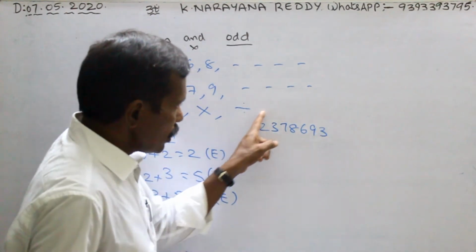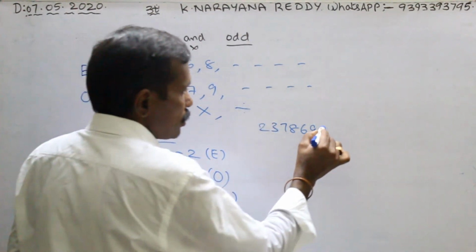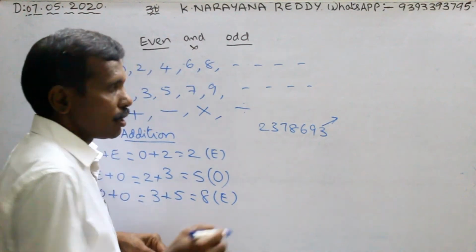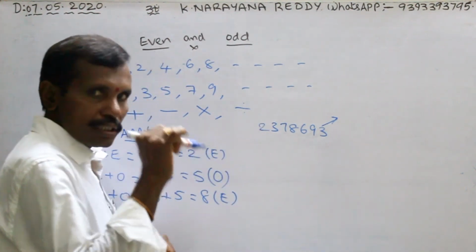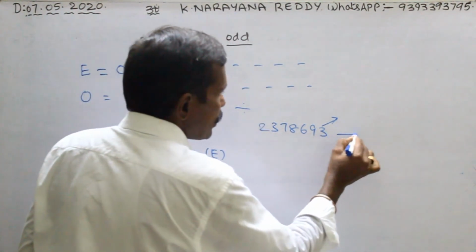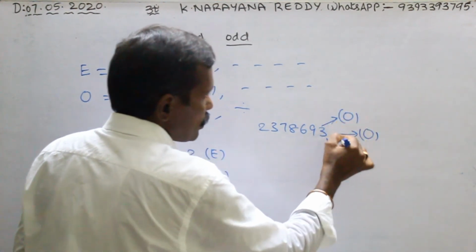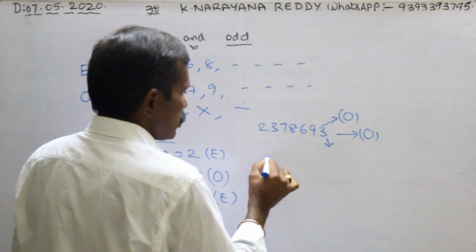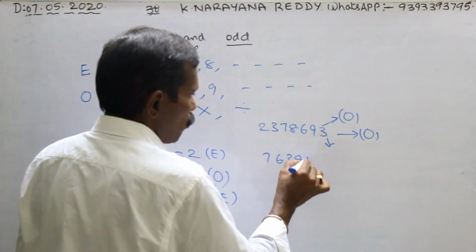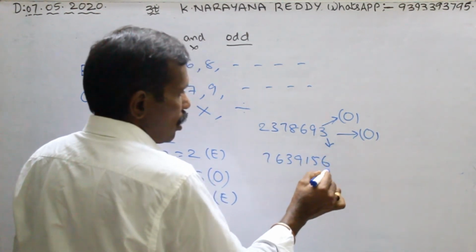Is this number odd or even? Why? Because this depends upon the last digit. Whenever the last digit is odd, that is an odd number. For example, 7, 6, 3, 9, 1, 5, 6.